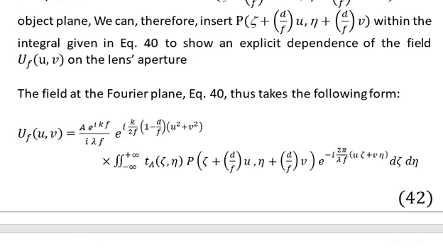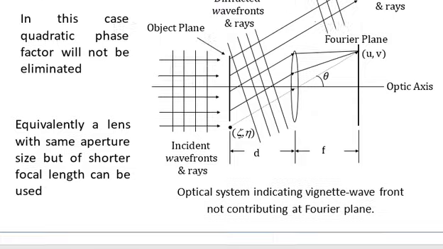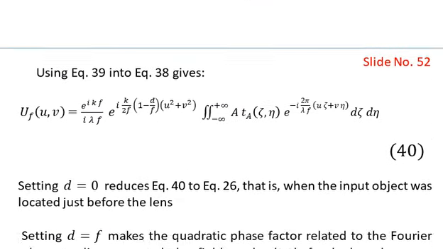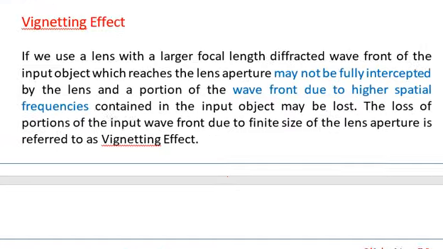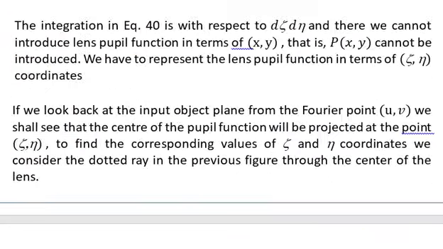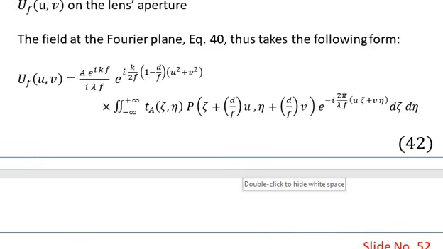So we are going to insert the pupil function p as a function of zeta and eta coordinates in equation number 40, which we have shown in equation number 42.